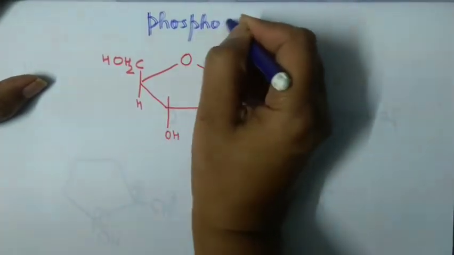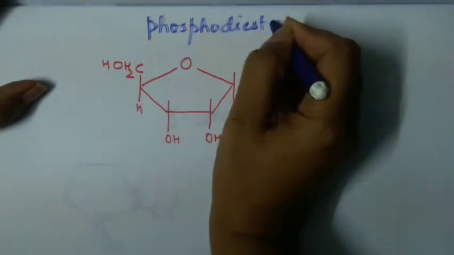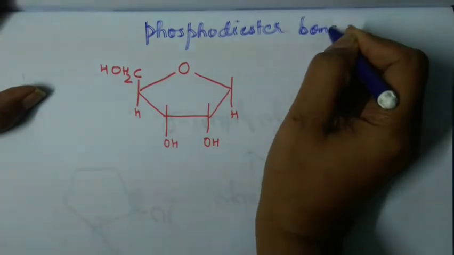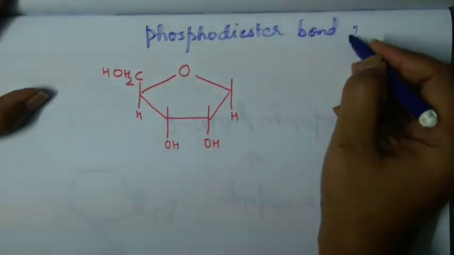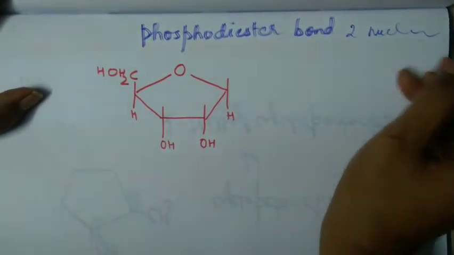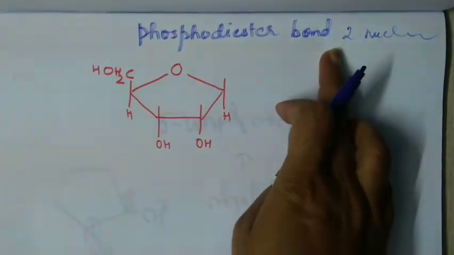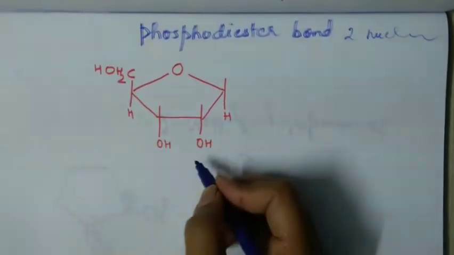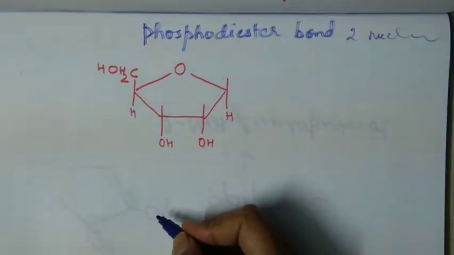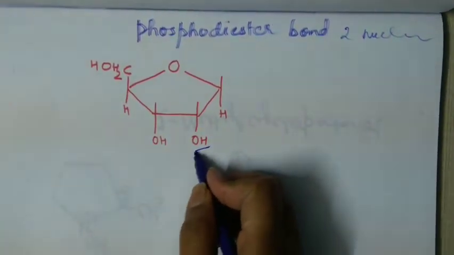So formation of phosphodiester bond, where it is formed between two nucleotides, or n number of nucleotides are joined together by phosphodiester bond. So this is our which sugar? Ribose or deoxyribose? You have to check at this carbon atom.